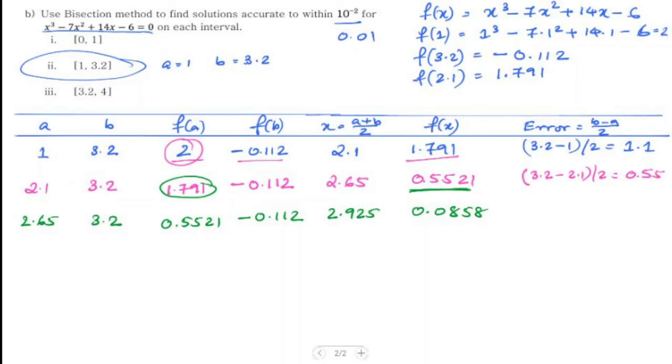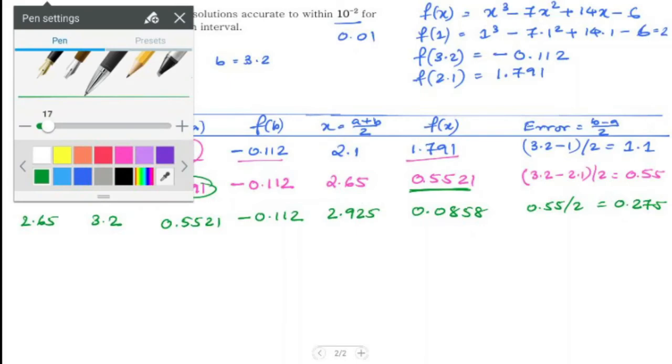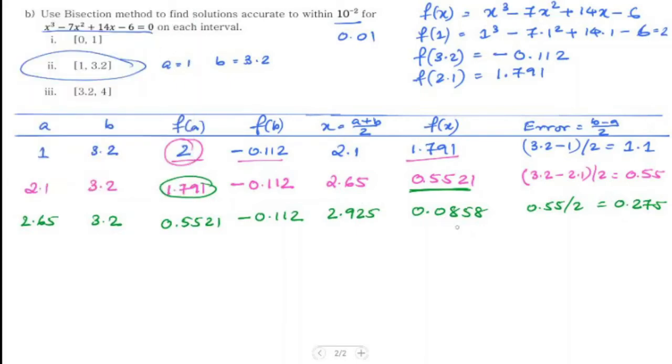And for the error, I would just do the previous error divided by 2, which is equal to 0.275. Okay, now we'll check again what our new interval is this time. The sign of f of x is positive again, so it will replace the positive value, which is this one here. So it will be 0.0858.